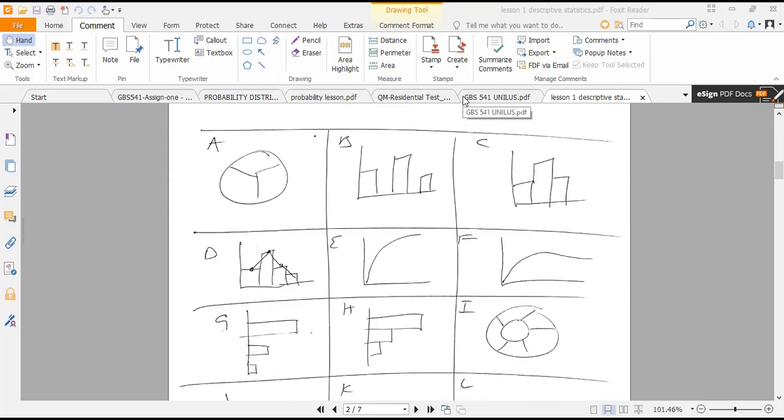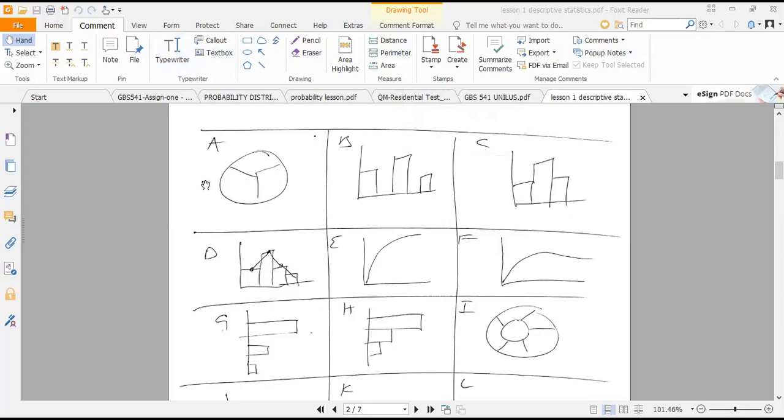Caroline, George, please speak on any of the pictograms that you think you know. Quickly, what is A?